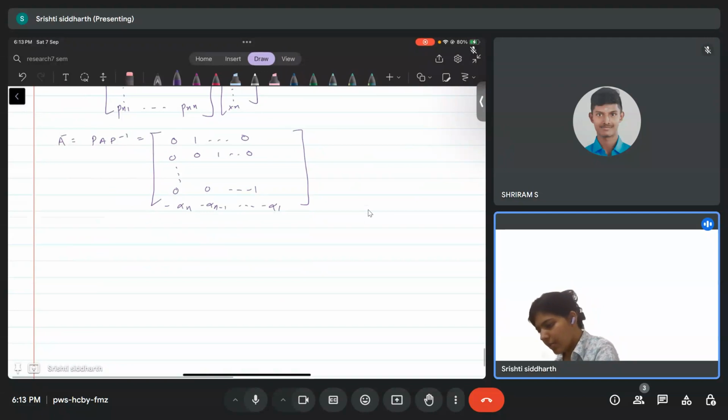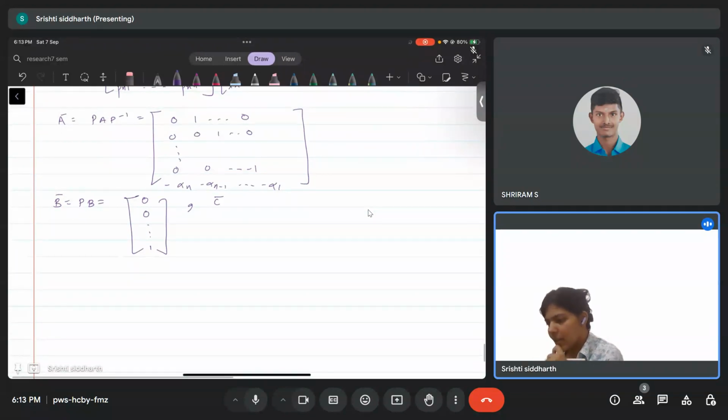Similarly, we have some B bar, which is P times B. This becomes zeros and 1 at the end. Similarly, we have C bar. Okay. So then what's the characteristic equation for this transformed system? It's simply the determinant of SI minus A bar.